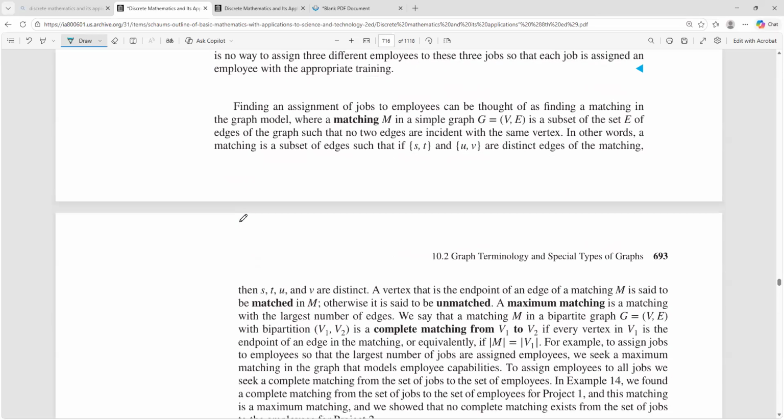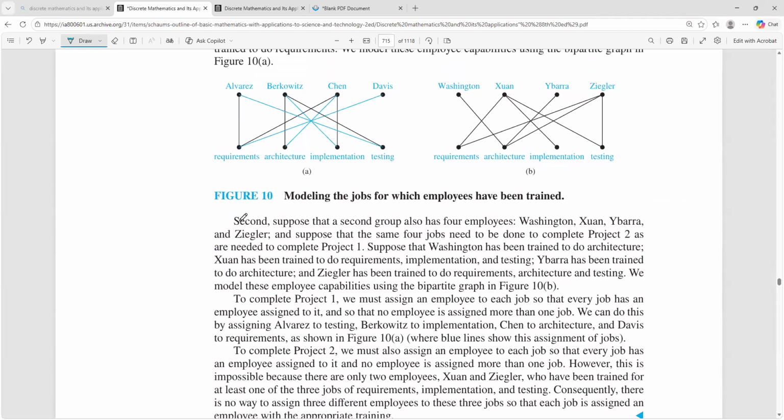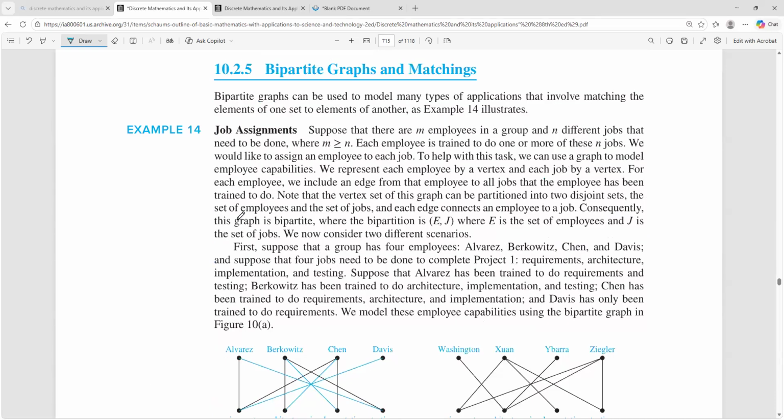More so about matching. Okay, let's do some matching.